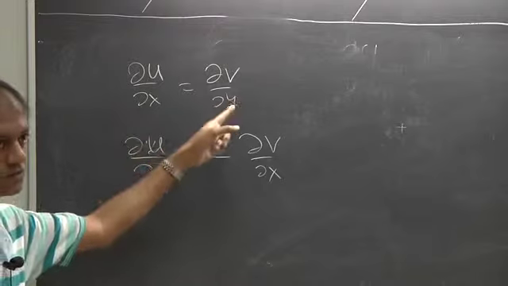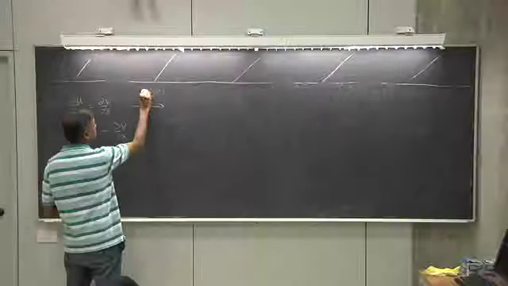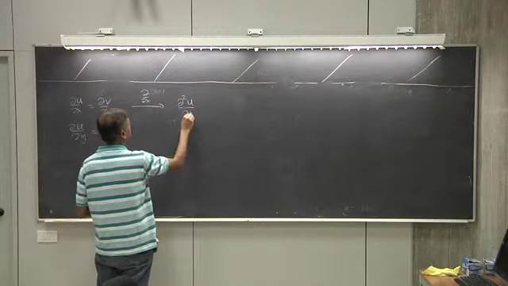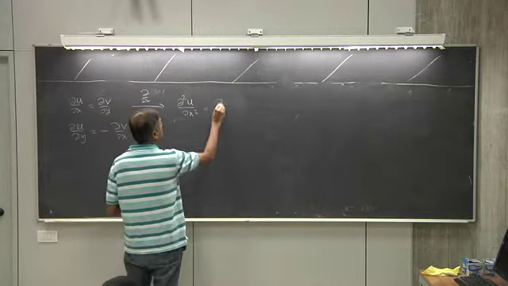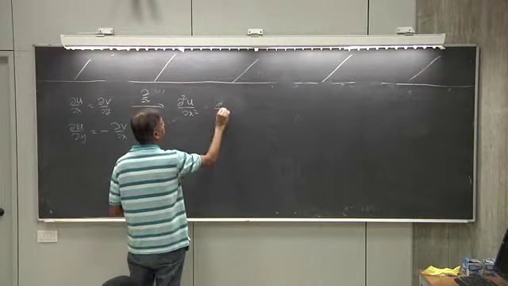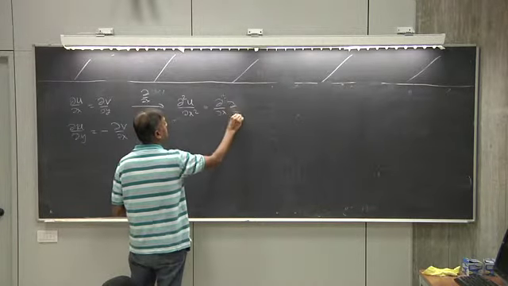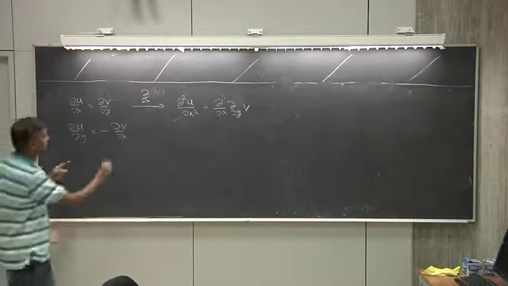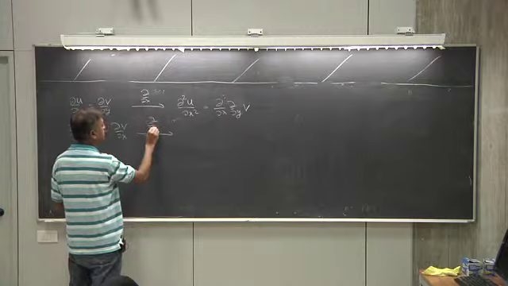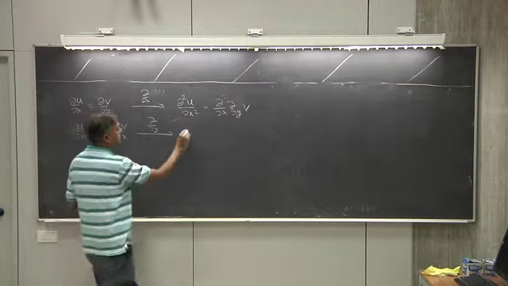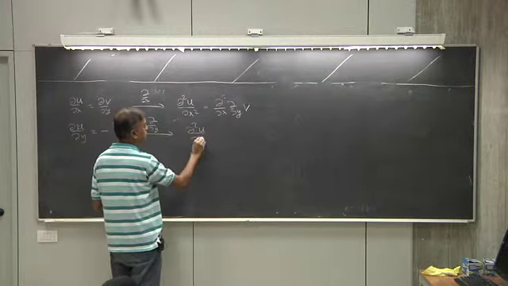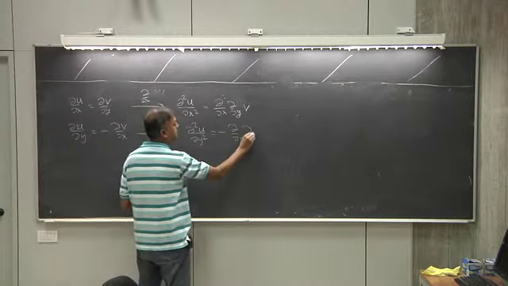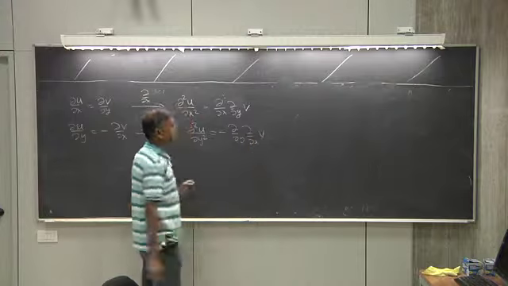You get d2u by dx2, that's equal to d by dx, d by dy of v. That's the first equation. For the second equation, let's take d by dy. Then you find d2u by dy2 is equal to minus d by dy d by dx of v.